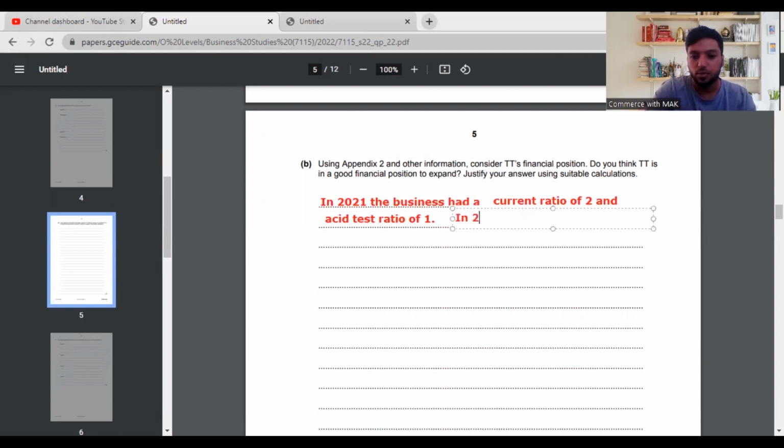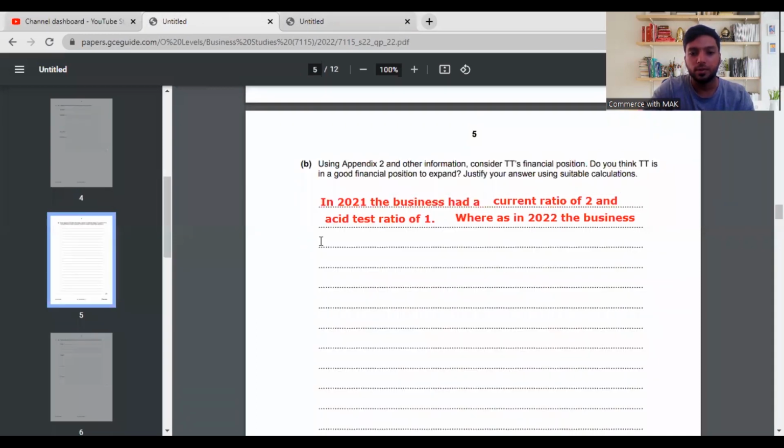In 2022, whereas in 2022, the business, let me see the years, guys, to be very clear. Yeah, 2021 and 2022.